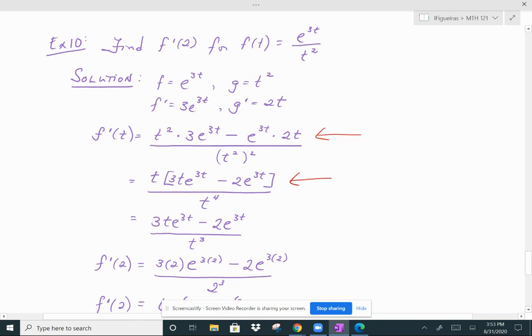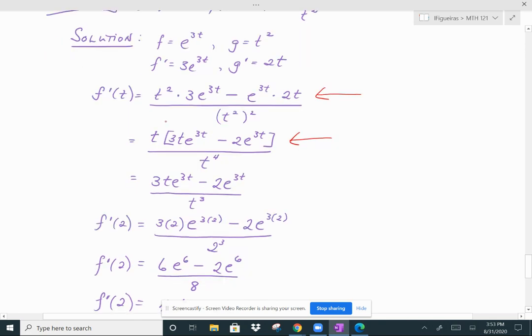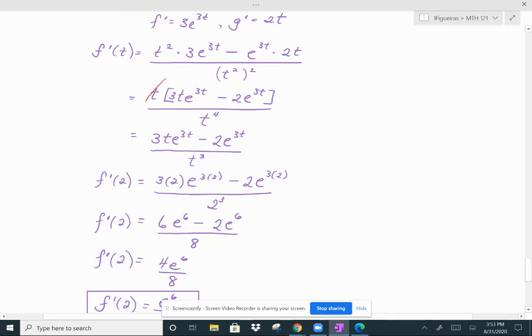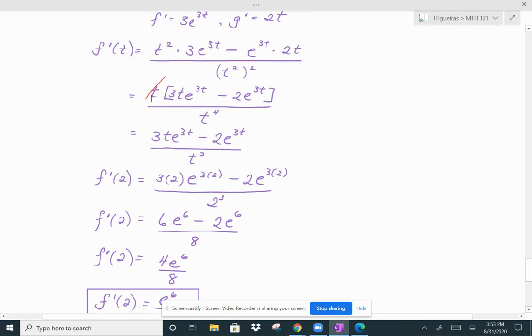Then this t on the outside cancels with 1t in the denominator, which leaves us with t cubed in the denominator and 3t e to the 3t minus 2e to the 3t in the numerator. And then we can substitute in our value, which was 2.